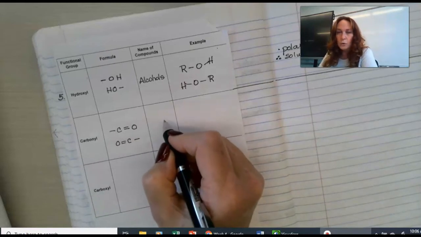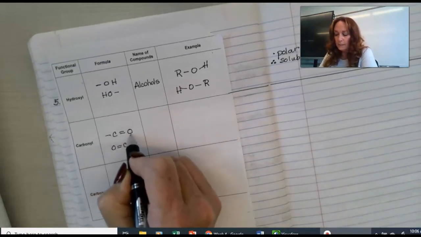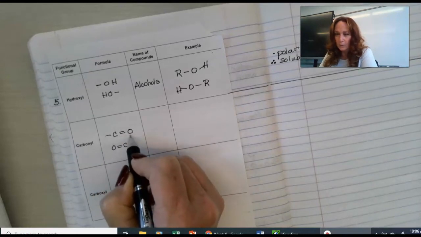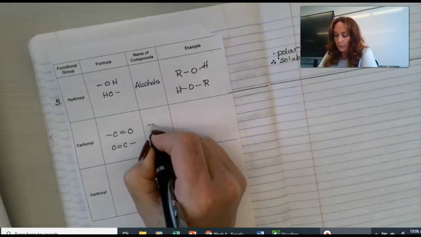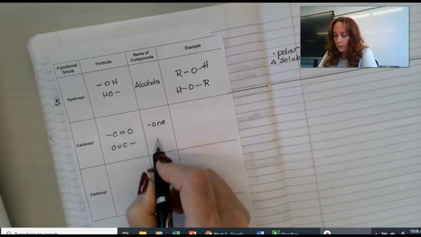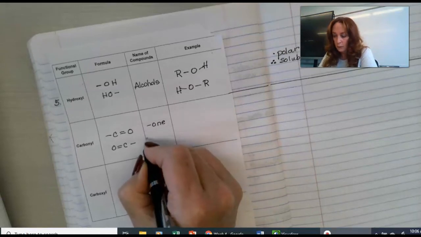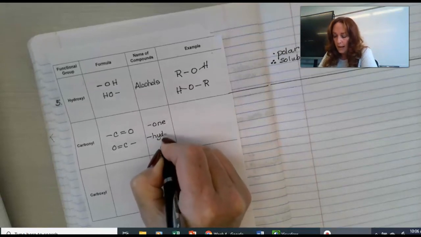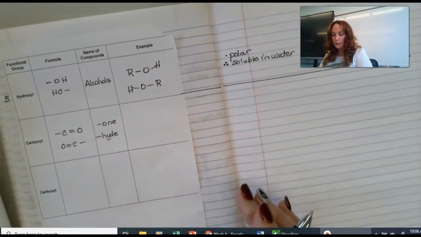And there's two ways of naming things. Depends on where this piece is in the actual molecule. So that's why we're going to draw actual pretty big ones. So you would have either the suffix that would be -one or -hide. So it's either one of those.